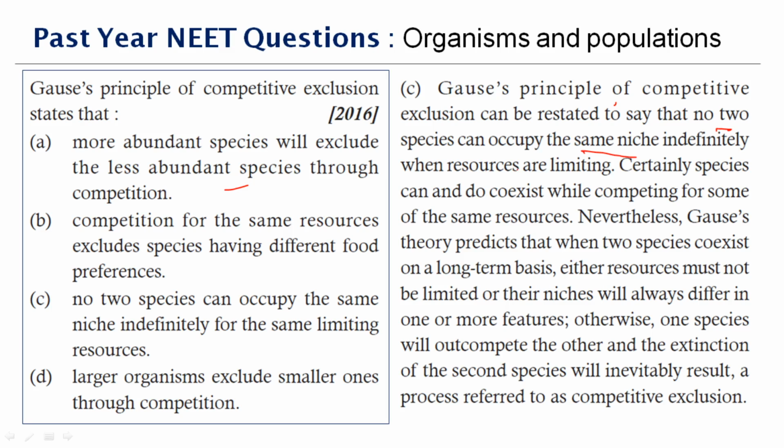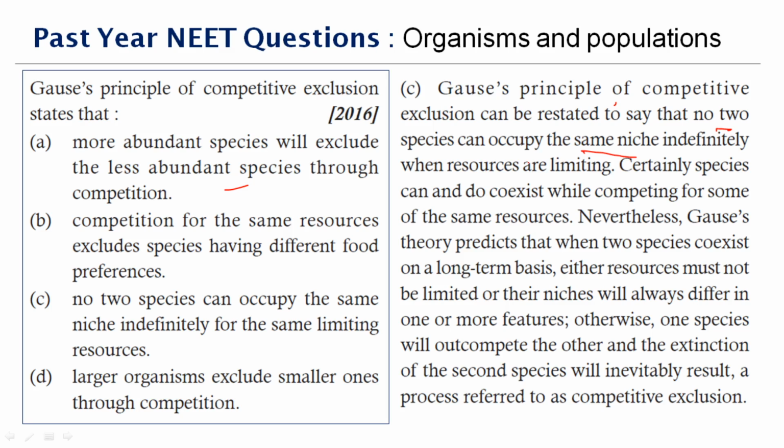Certainly species can and do coexist while competing for one another's resources. Nevertheless, this theory predicts that when two species coexist on a long-term basis, either resources will not be limiting, or their niches will always differ in one or more features. Otherwise, one species will outcompete the other, and the extinction of the second species will inevitably result. The animals do not have the capacity to think and react.